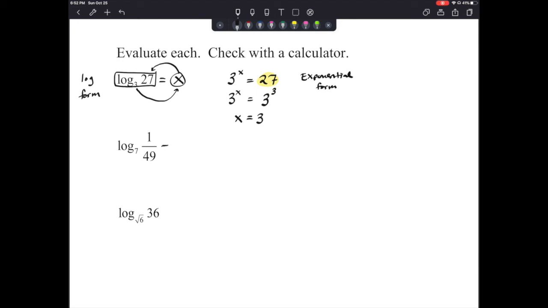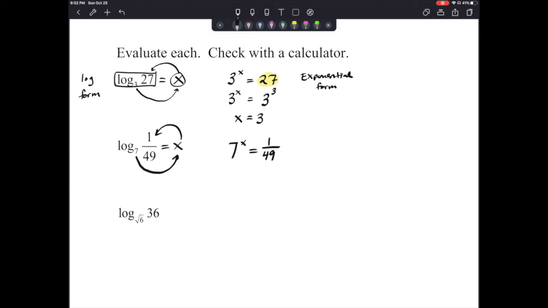Same thing on the next one. Start with our log form. Let's set it equal to x. We'll say 7 to the power of x is equal to 1/49. And 49 and 7 are compatible like that. We could rewrite these with the same base.